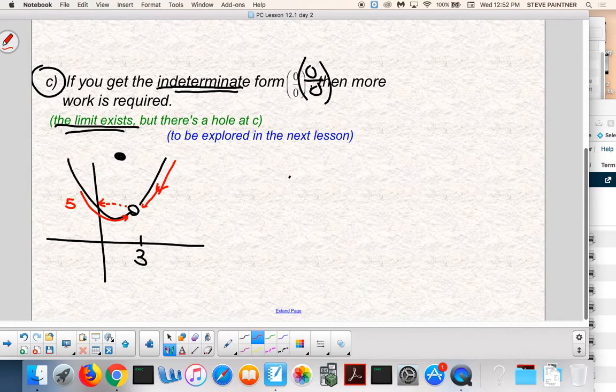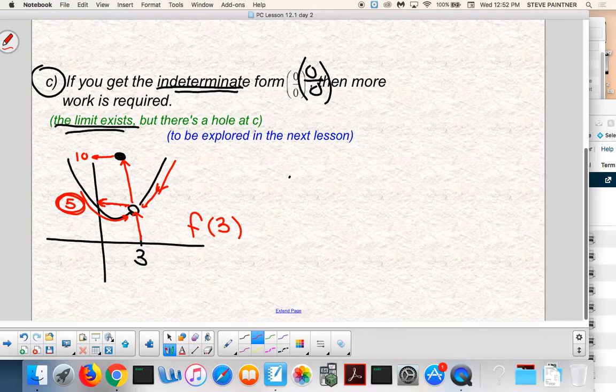But some students will look up here and say, no, the limit is 10. Really it's the number you're approaching. You're approaching this point, which is 5, so 5 is the limit. This is actually the answer to your function if you plug in 3. You go up, you hit this point, you say, that's not the answer, keep going.